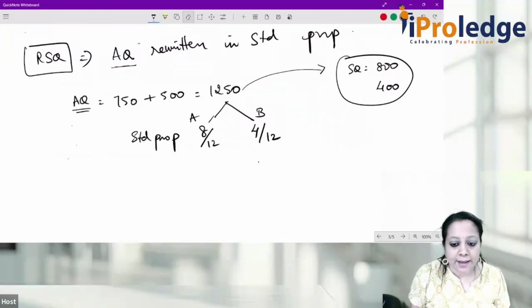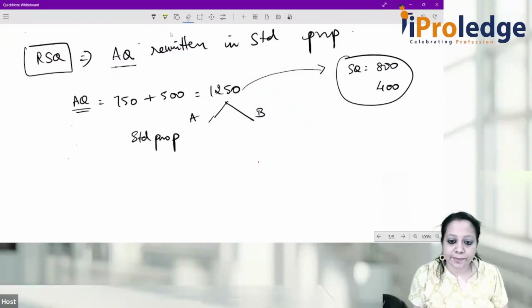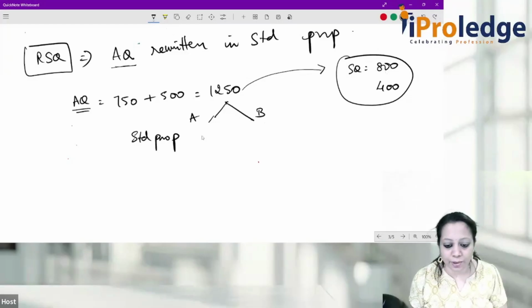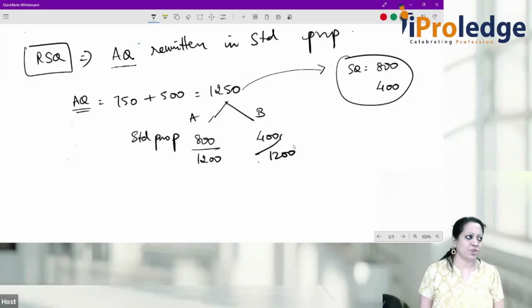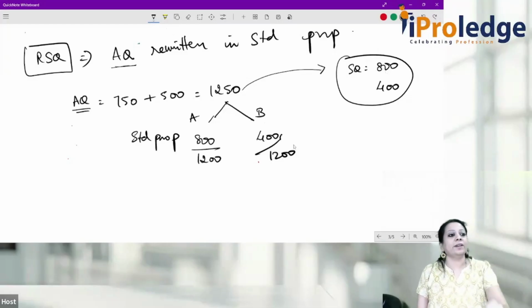I will repeat it again. You can do it this way or: what is the standard quantity? 800 and 400, right? 800 divided by 1200 and 400 divided by 1200, same proportion. Whichever sits in your brain easily, you can use.